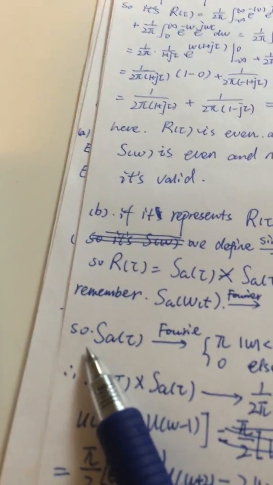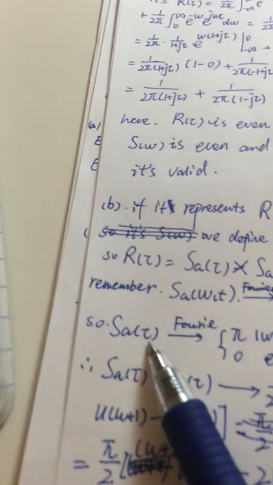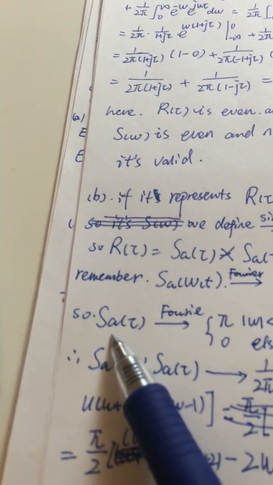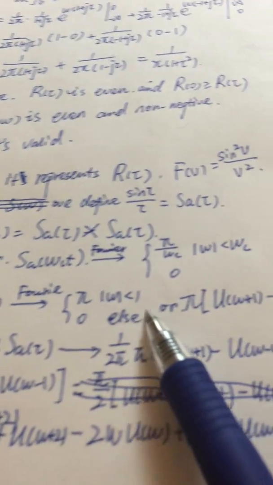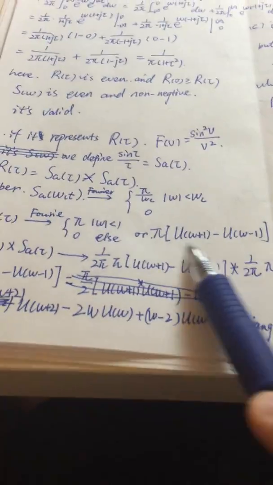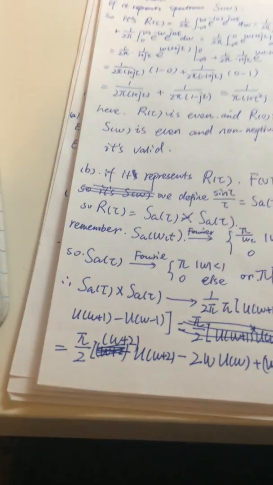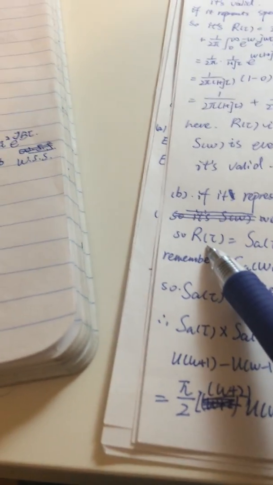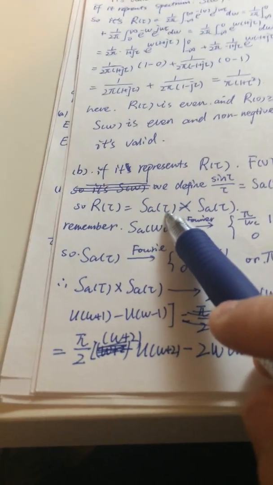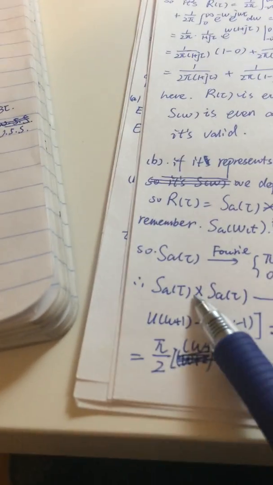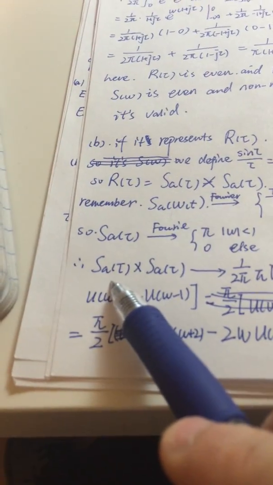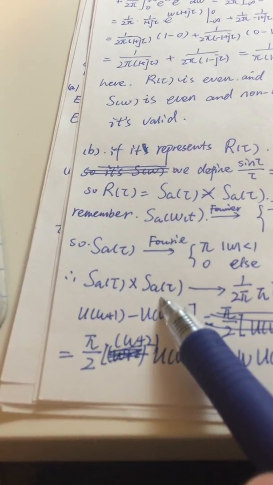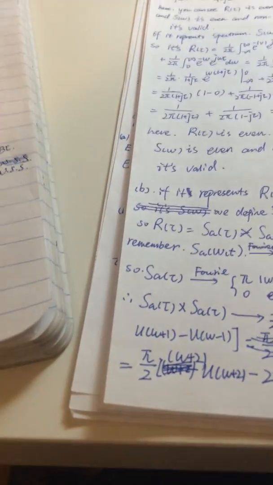So we can see here Sa(tau) is this, or we can use a different expression. Finally, we want to find R(tau), but R(tau) is the square of Sa(tau), so Sa(tau) multiplied by Sa(tau). This is in the time domain.